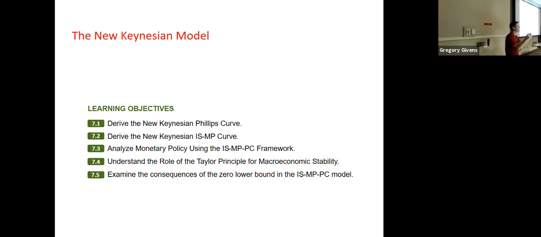That is, it stabilizes inflation and the output gap reasonably well. Okay, now that's a full recap of what we did last week. What is missing from this conversation so far?